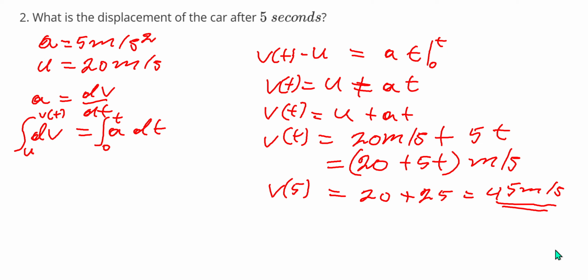So the final velocity after 5 seconds, v of 5 seconds, is equal to 45 meters per second.